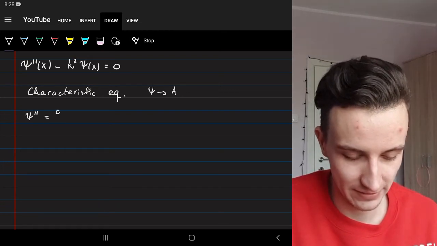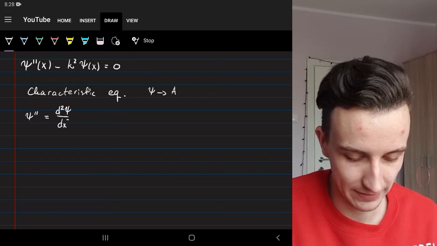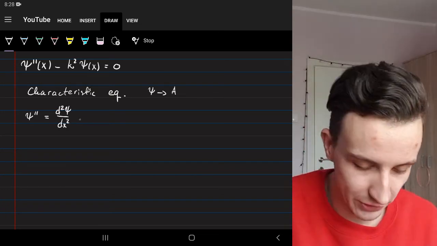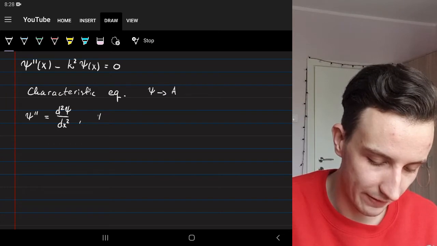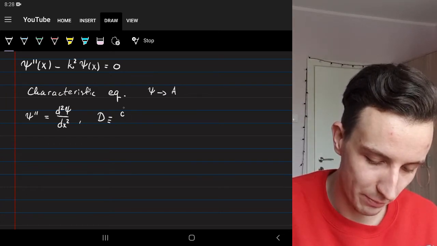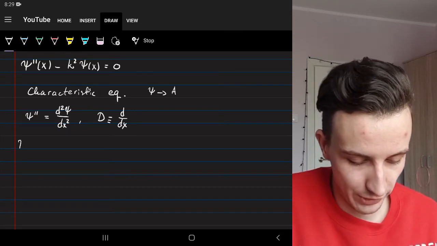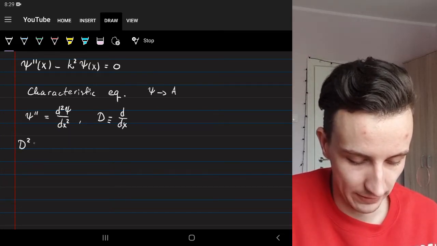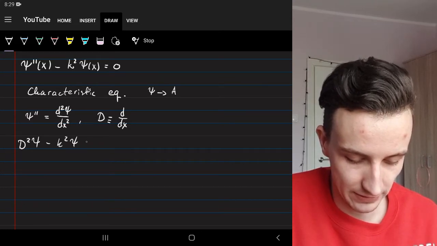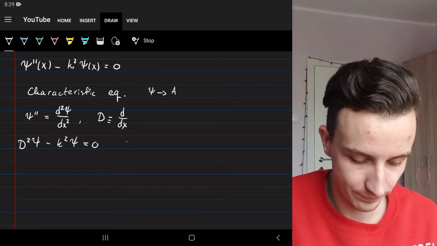So what we're going to say first, without any loss of generality, is that psi double prime is just d squared psi by dx squared. This is just notation. And then we can define the big Papa's D as d by dx. Rewriting in this format, we have D squared psi minus k squared psi equals 0.